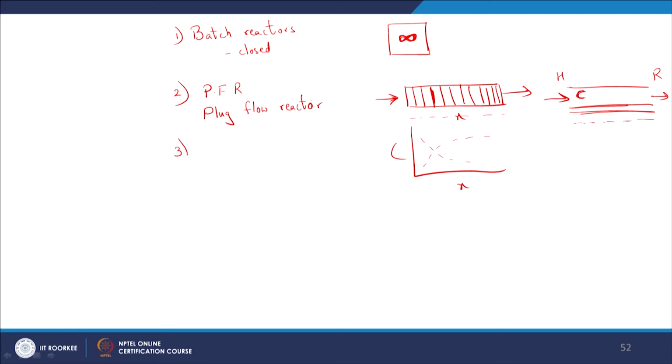And the third case which people usually come across is the completely mixed flow reactor or continuously stirred tank reactor, right. So you have 2 names, more or less the same.